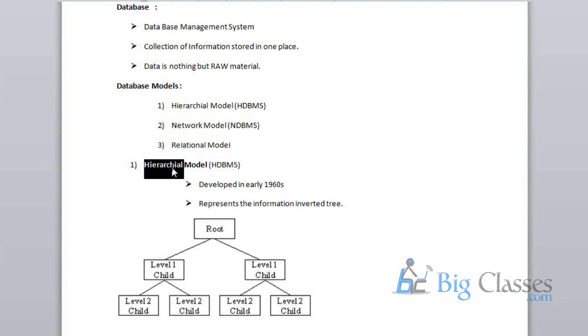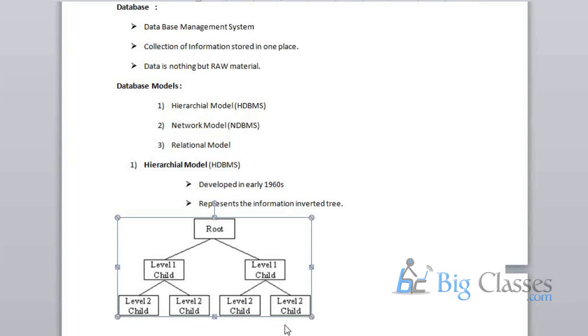So what is the hierarchical model? It is a way of storing data. You can see this hierarchical model was developed in the 1960s. It represents the information in inverted tree format. You can see there will be a root directory, then children at one level and grandchildren. So data is organized this way in hierarchical models.